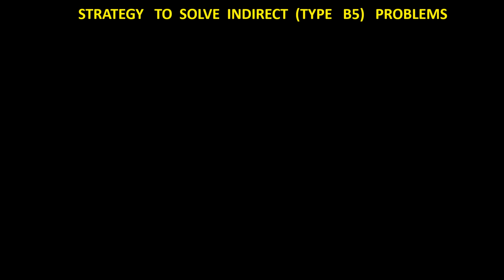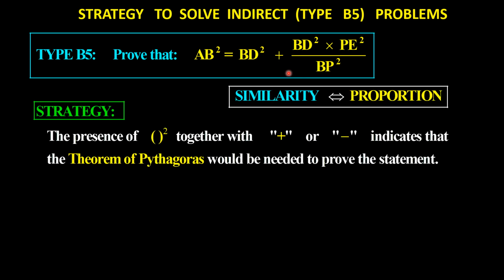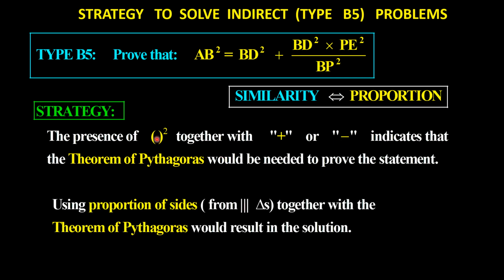Now let's consider the last type of indirect problem, P5, and this is the type of problem that we have here. If we notice, we've got squares and squares, but normally we multiply, here we've got addition involved, right? So when we have squares together with addition, that is usually an indication that we need to apply the theorem of Pythagoras.